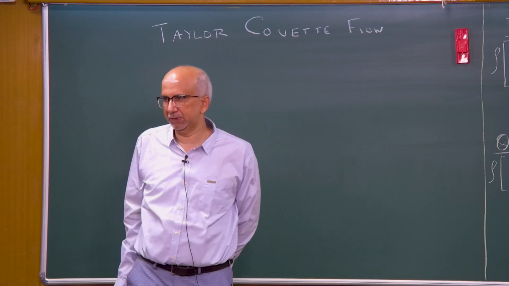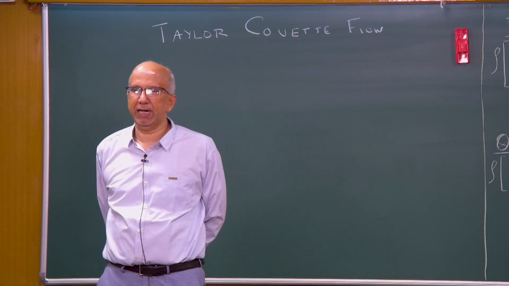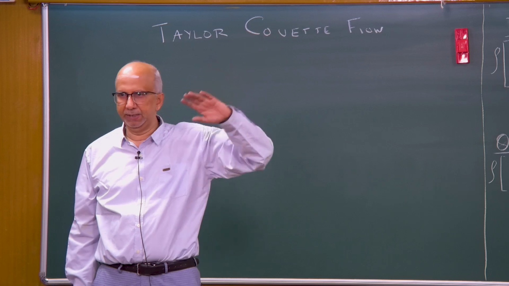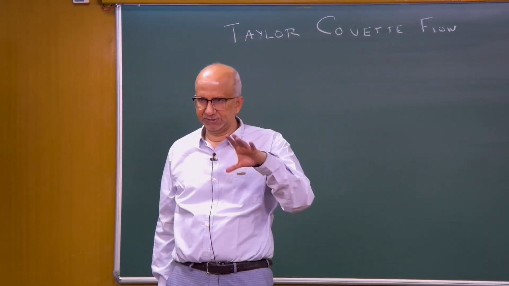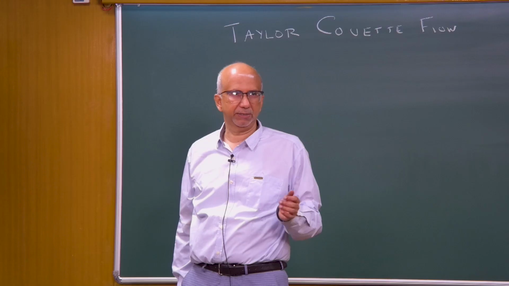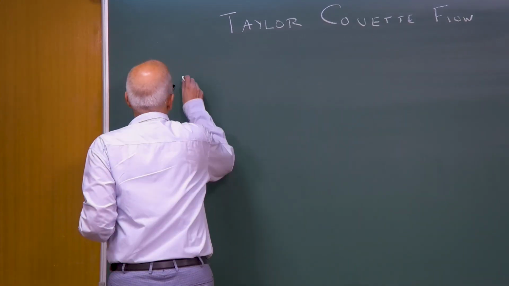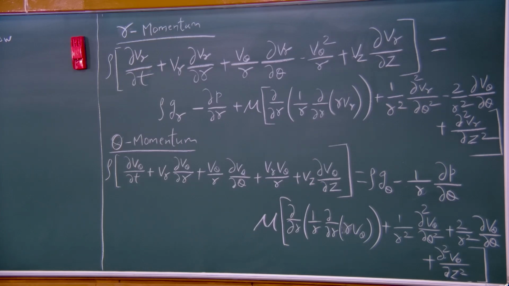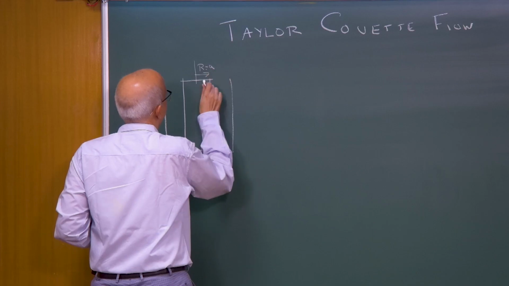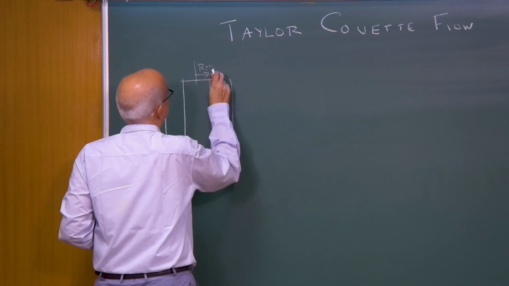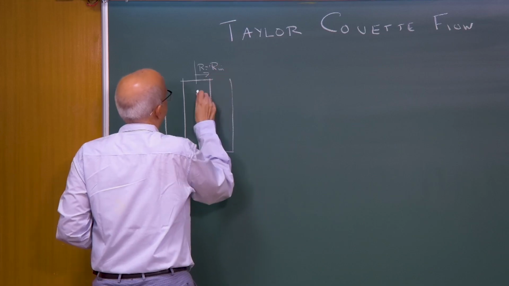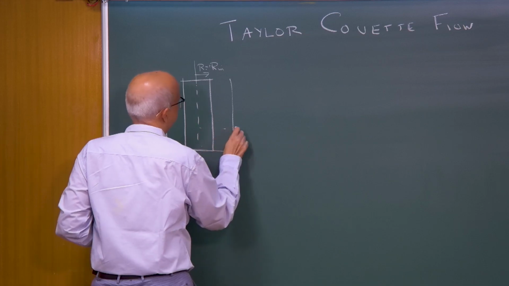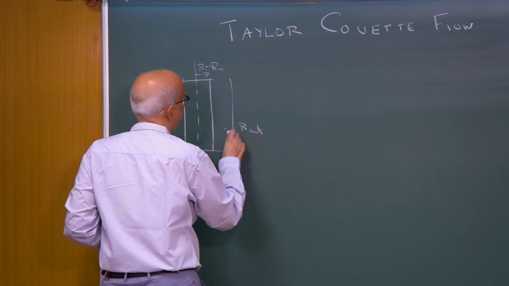So, this is a modification of the classical Couette flow problem in rectangular Cartesian coordinates, and this is done in cylindrical coordinates. The idea is that you have two concentric cylinders, okay, and this is, let us say, R equals A or R in, the inner radius, and this is R out, the outer radius.